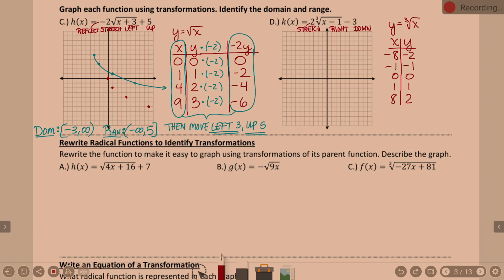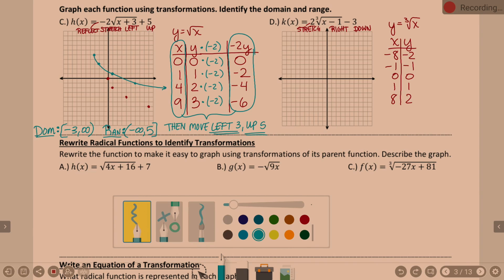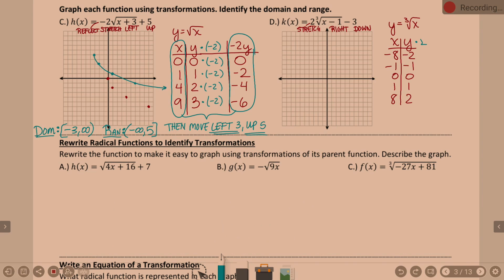Now, my suggestion is, okay, what do we need to do? We need to vertically stretch it by a factor of 2, which means we need to multiply what by 2? We're multiplying the y values by 2. Okay? And so we're going to multiply just the y values all by 2.